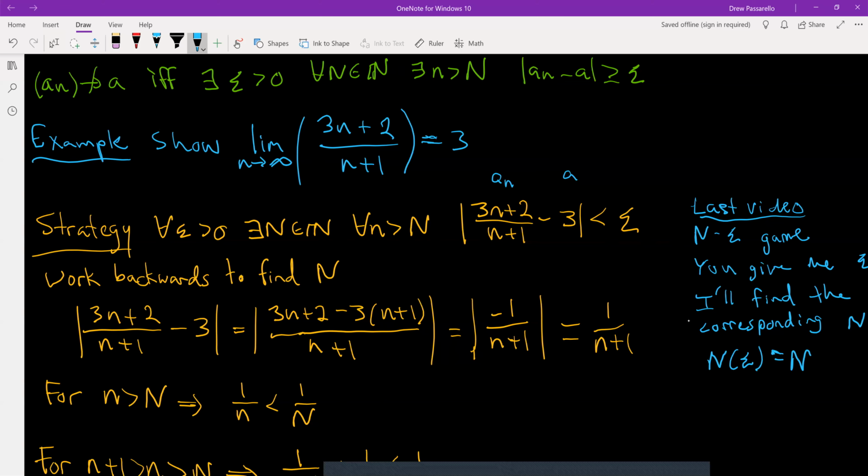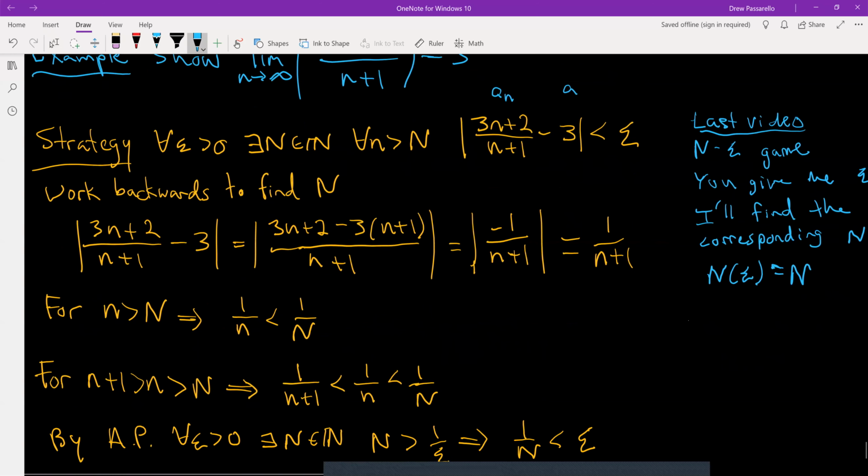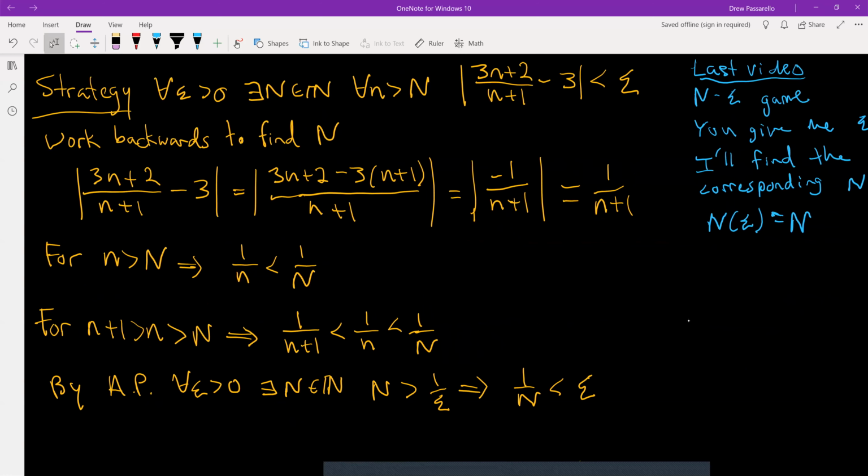All right, so we want to find n, so n greater than capital N. And that implies that 1 over n is less than 1 over capital N. Now, notice that if we have a bigger number, n plus 1 bigger than n, and we take the reciprocal, then 1 over n plus 1 is less than 1 over n.